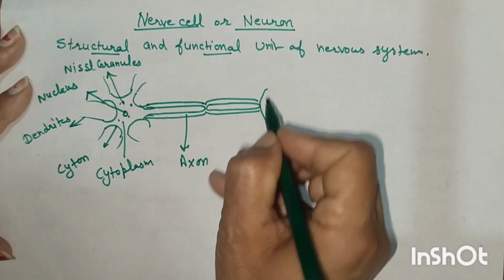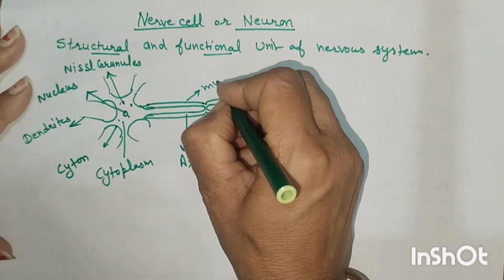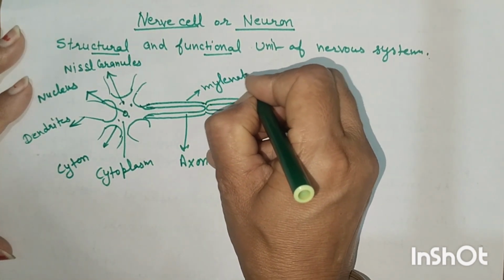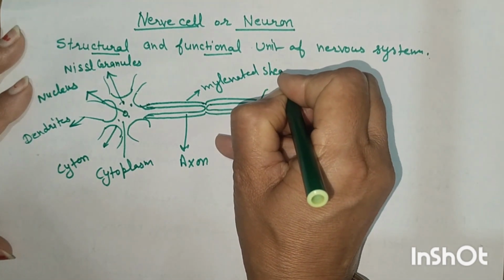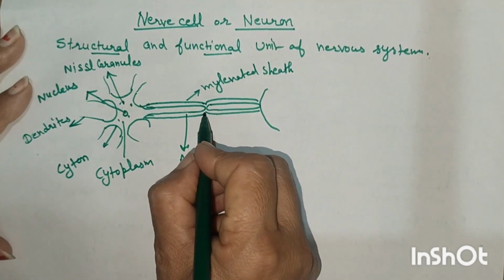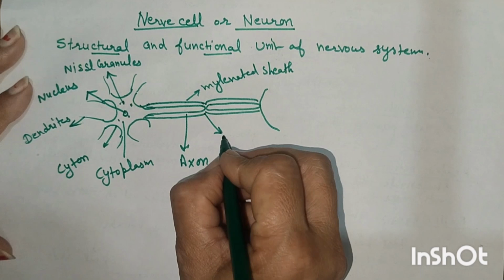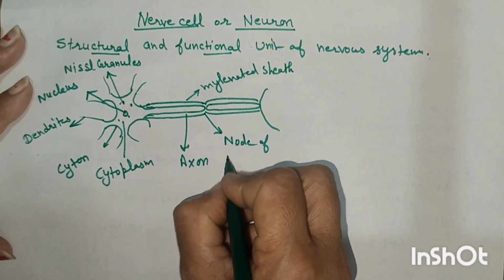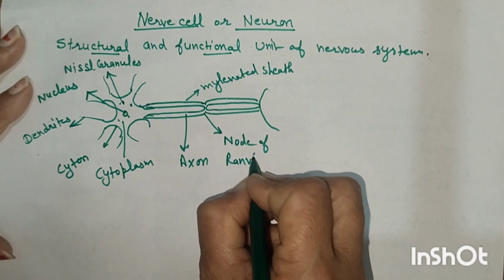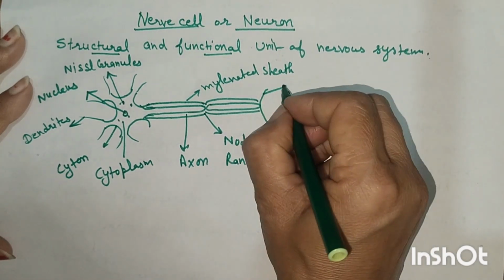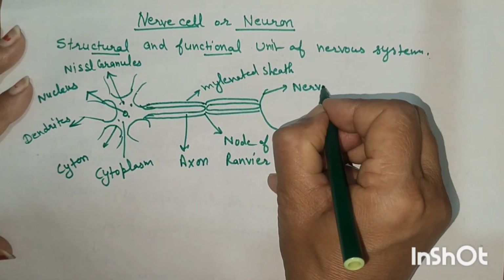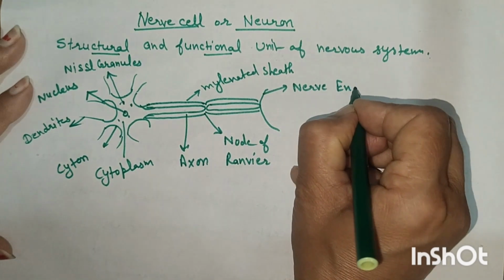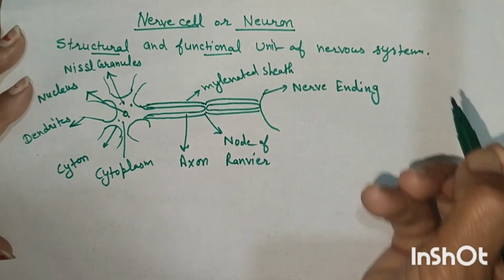This is called myelinated sheath. This is called node of Ranvier. And this is nerve ending.